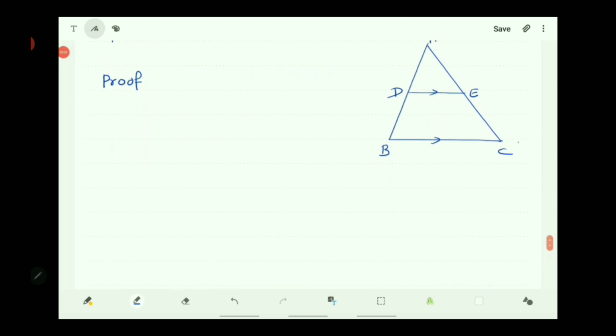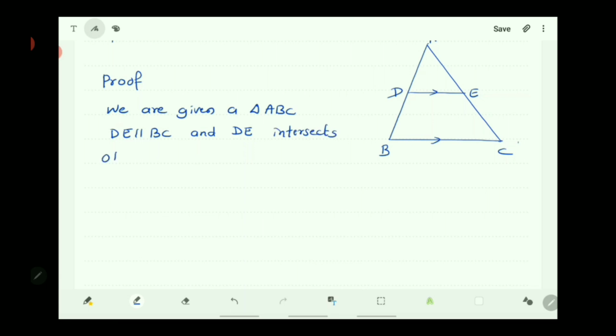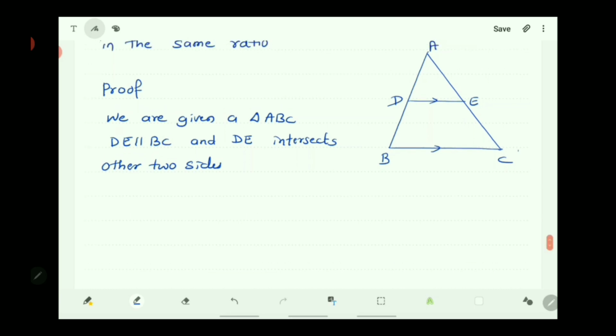Now let us prove the theorem step by step. Here we are given a triangle ABC in which DE is parallel to BC, and DE intersects the other two sides, AB and AC, at D and E respectively.